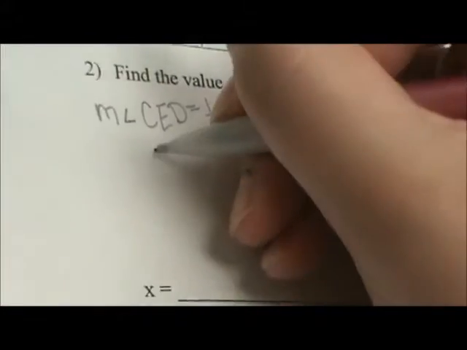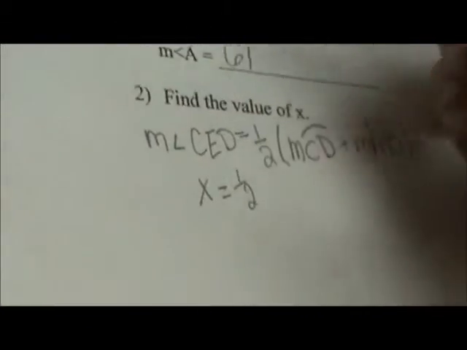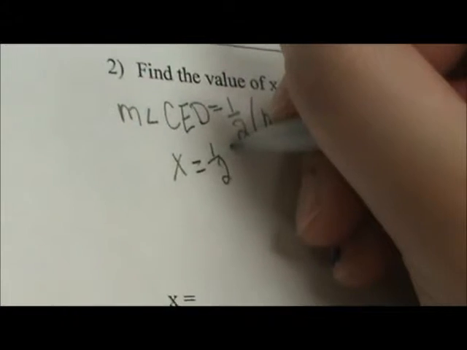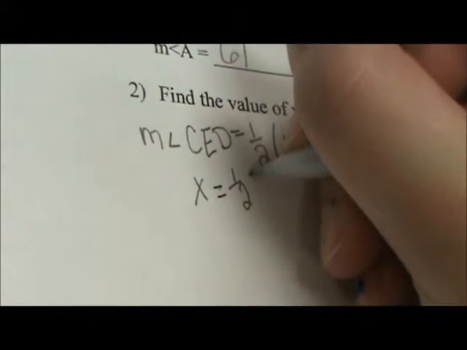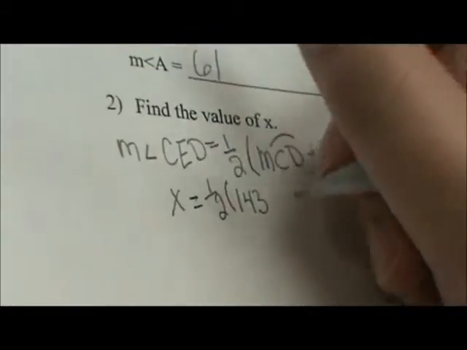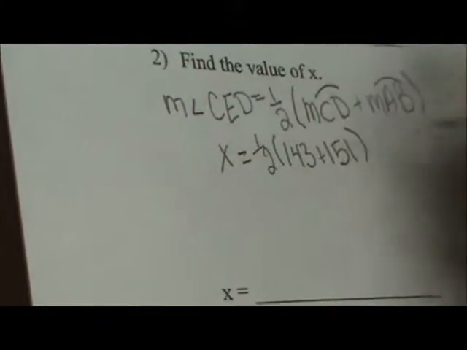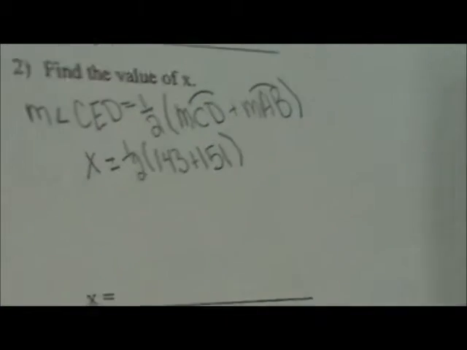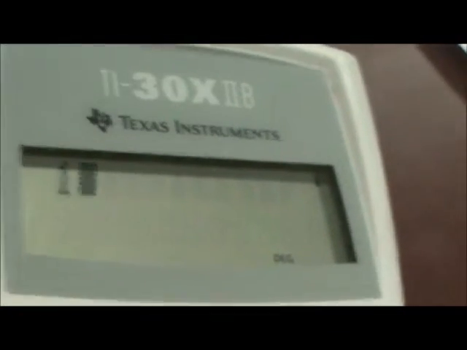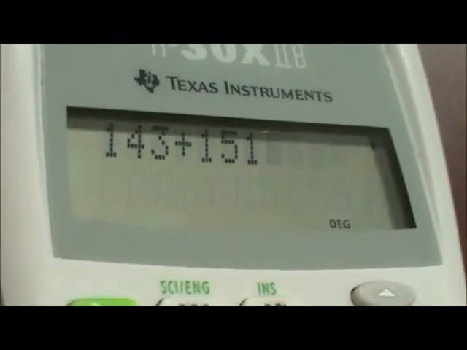So x is equal to 1/2 parenthesis 143 plus 151. Then we need to add together the parentheses. When we add 143 and 151, you get 294.